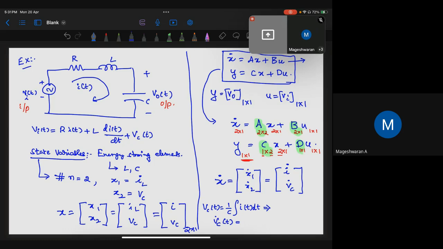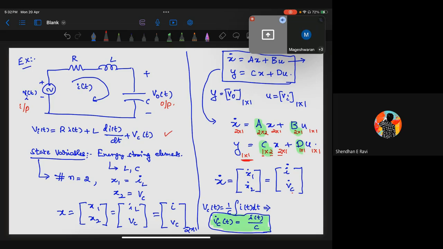Taking derivative for this, i of t by c. Am I correct? Yes, sir. So this I need, because here I require it. Is this clear? Any doubt? No doubt, sir.